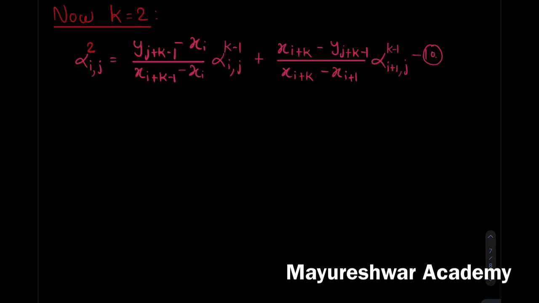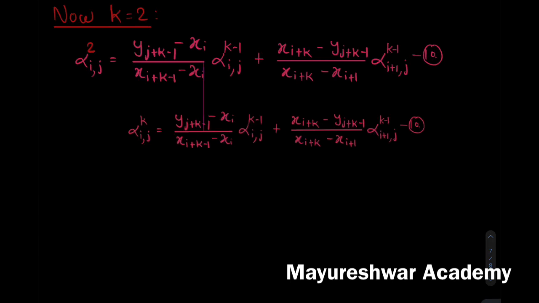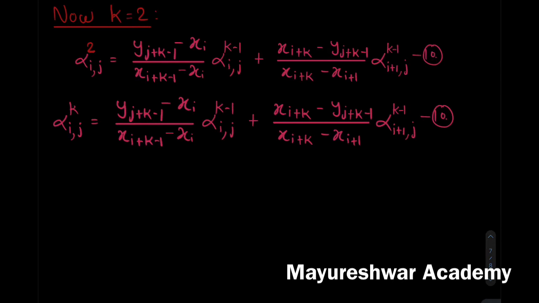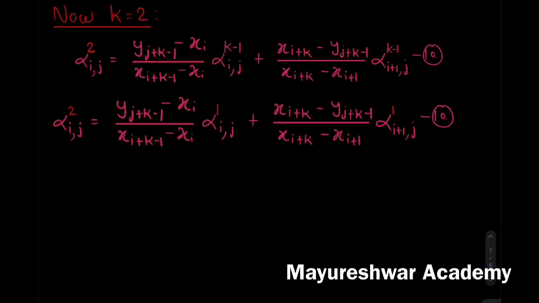So rather than modifying, let me again paste this equation so that we can modify that equation. Let us erase first of all these k's. We are going to modify these values. So we know that this is 2, so naturally k minus 1 will be 1 and 1. So now these earlier obtained values we need to use them here.